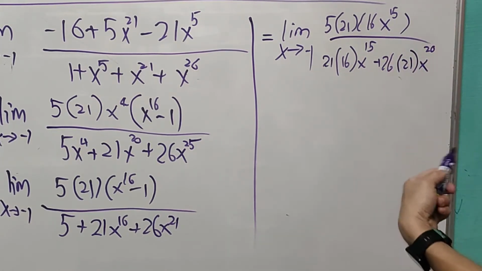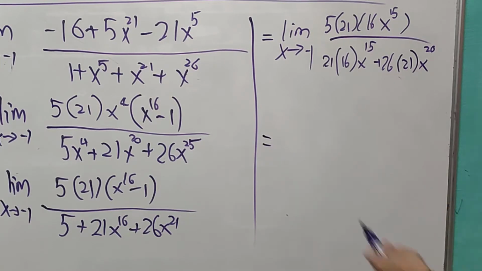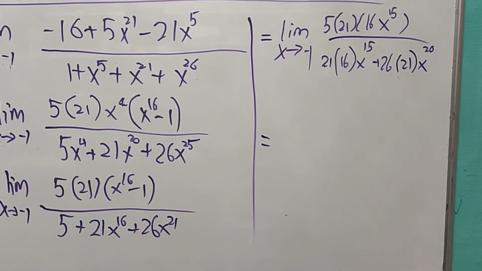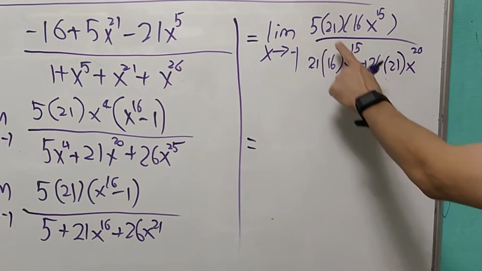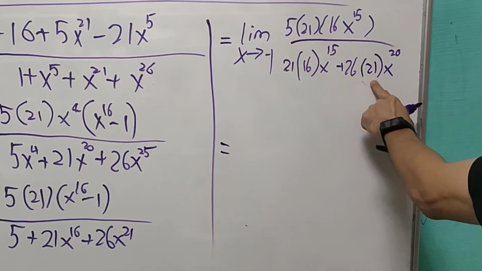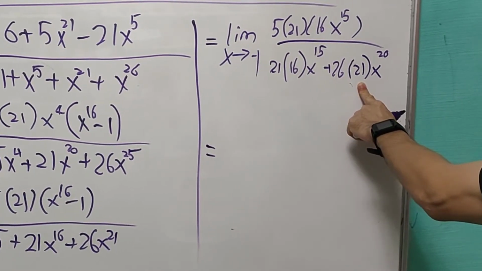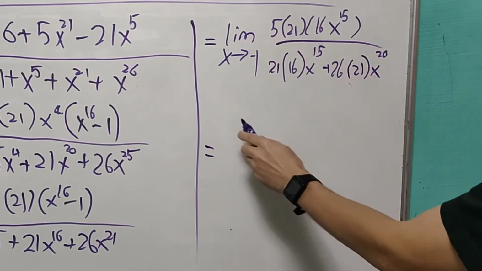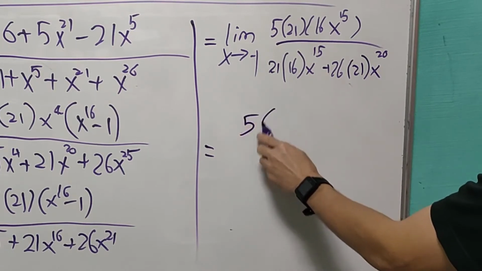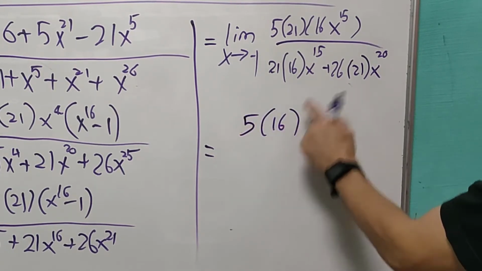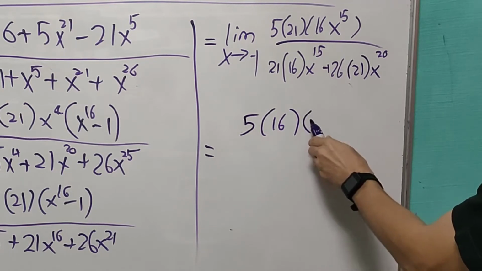And we can substitute in, and we will get some common term, that is 21, which we can cancel. So we will have 5, 16, and this is a -1.